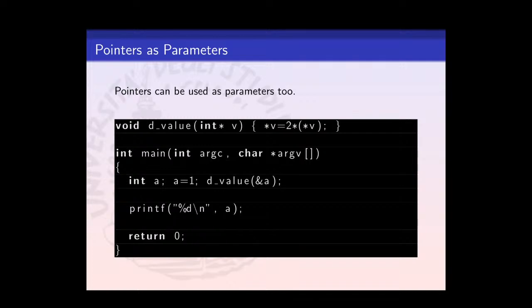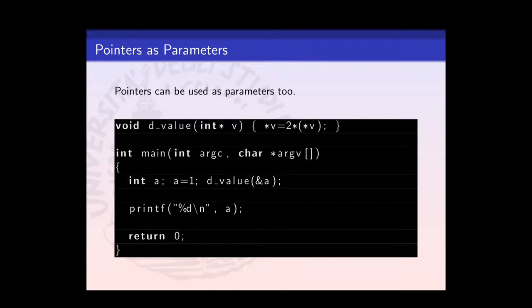So first of all, you read the content of what is pointed by p. Once it reads it, it multiplies it by 2 and then reassigns that value to the memory location pointed by p. Okay.